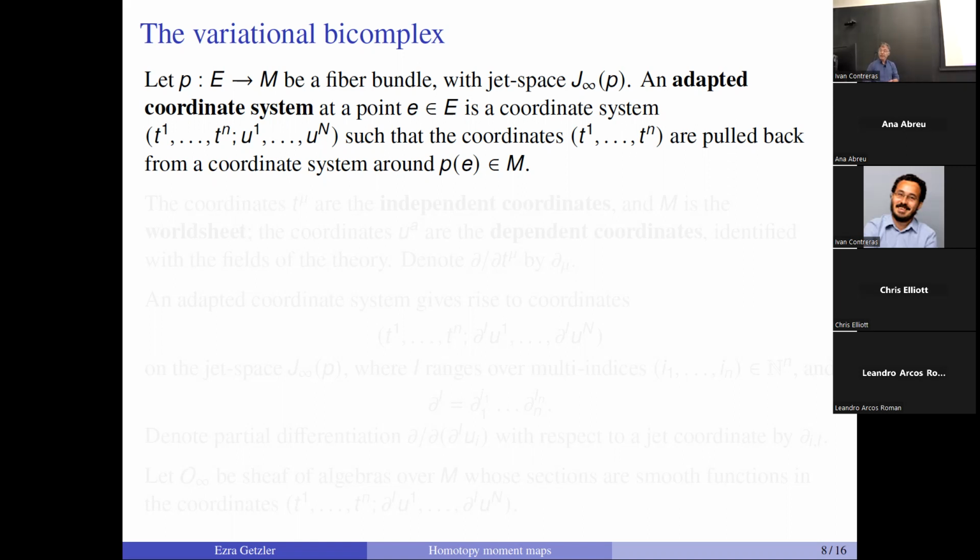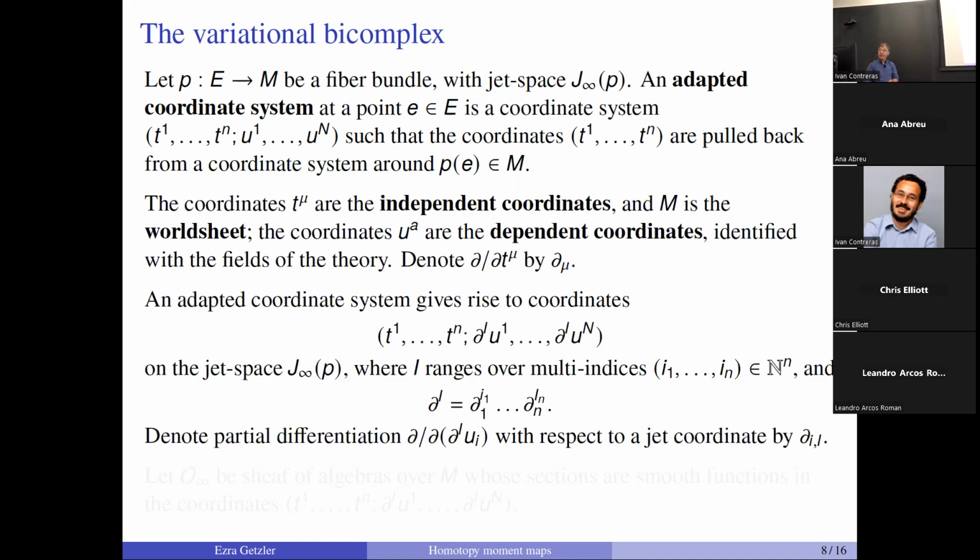And let me whisk ourselves through this. Well, so let me denote partial sub mu. This is going to be crucial. The partial derivative with respect to the independent variables. Okay, and I'm at the bottom of this page.